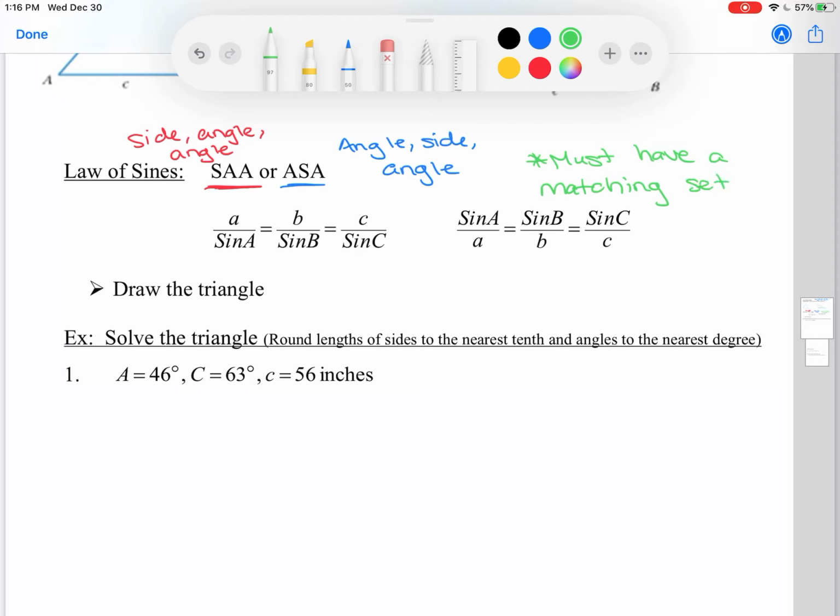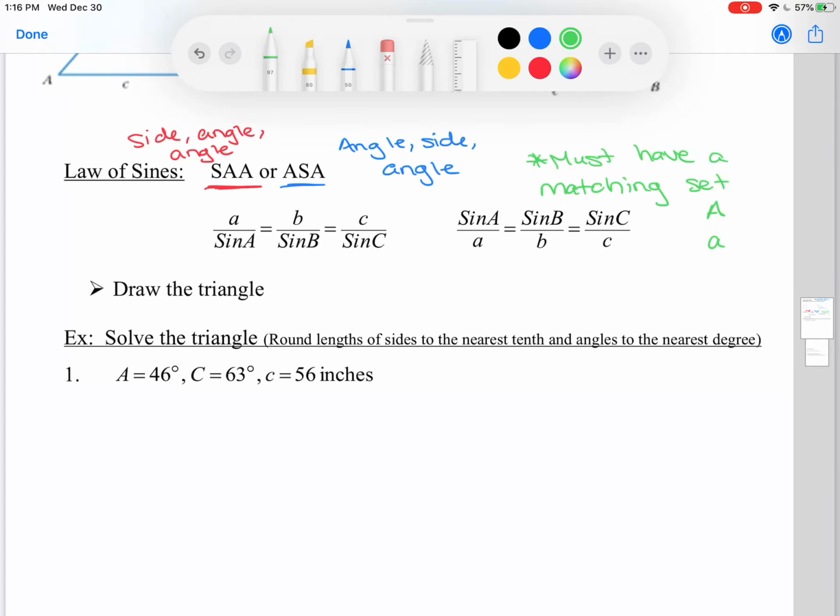What I mean by that is you need to know capital letter A while also knowing lowercase a, or capital letter B, lowercase b, capital letter C, lowercase c. You have to have a matching set in order to use law of sines. If you do not have a matching set, we're going to need to do some rearranging and determining information about triangles that we already know.